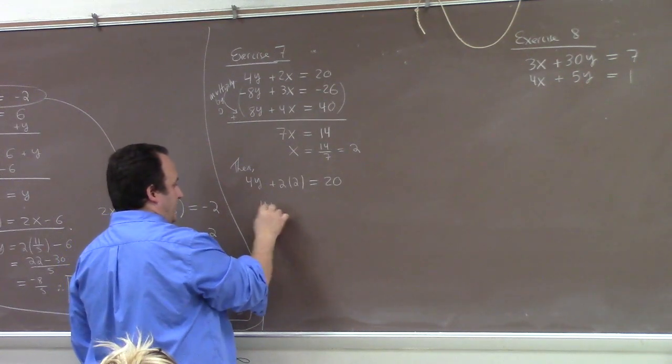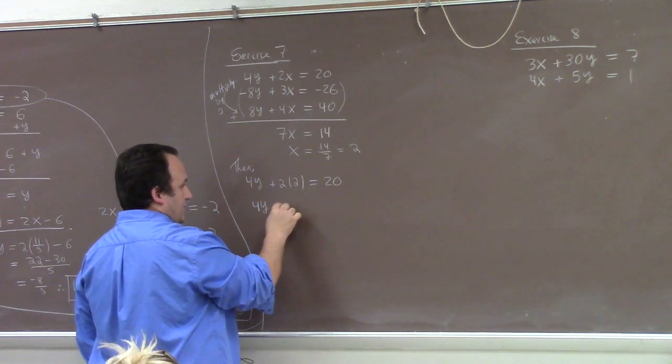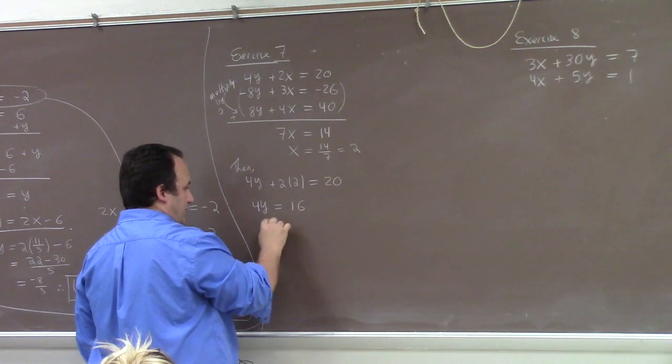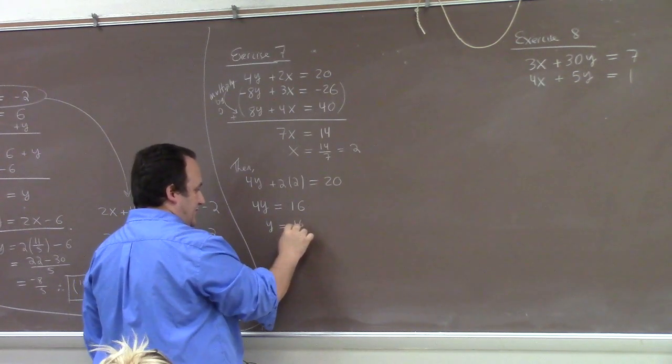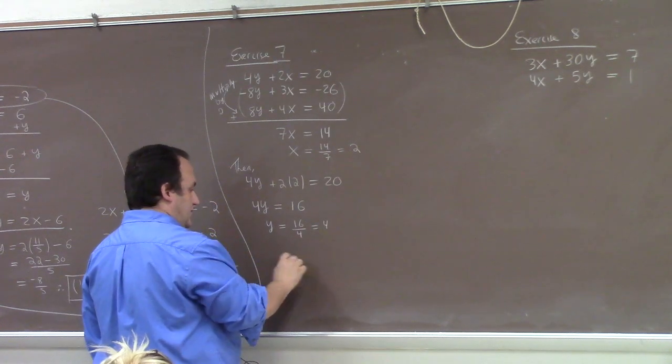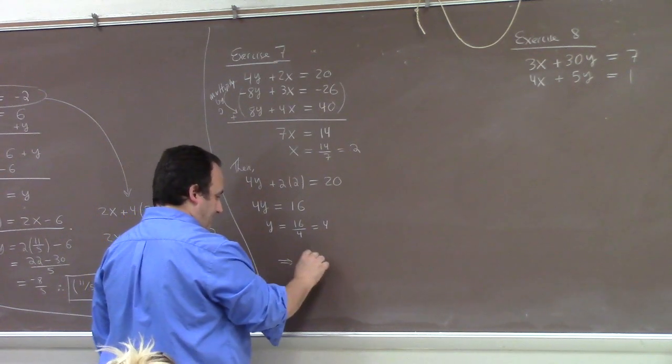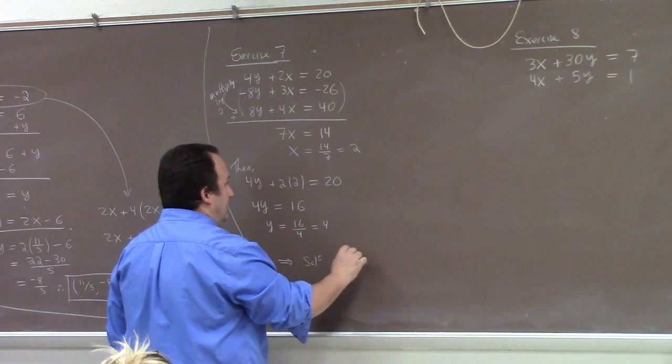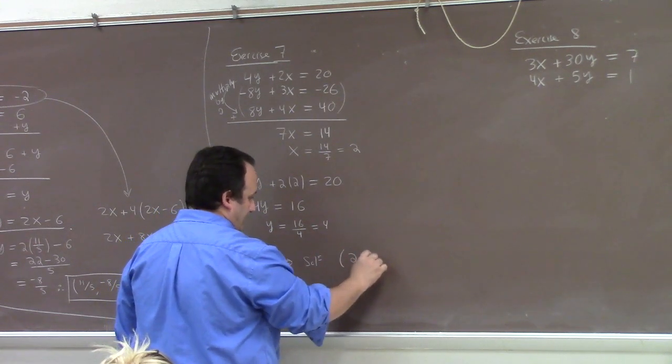So 4y equals 16. And I heard y equals 16 over 4, which you told me is 4, right? So the solution is an ordered pair, and that ordered pair is (2, 4).